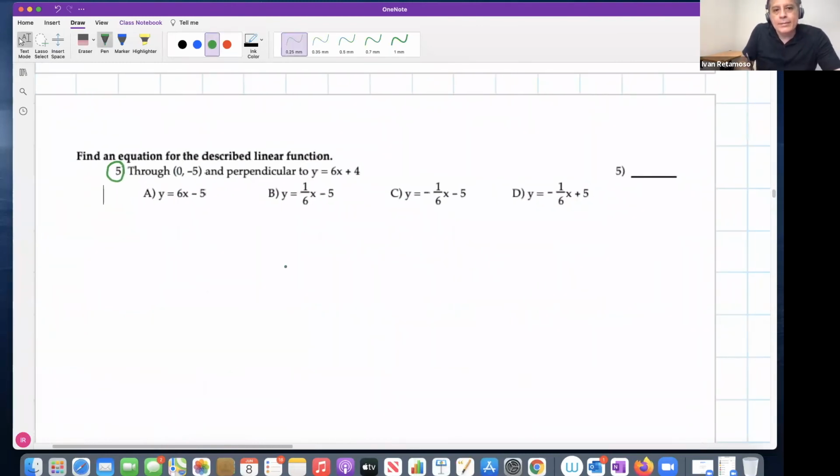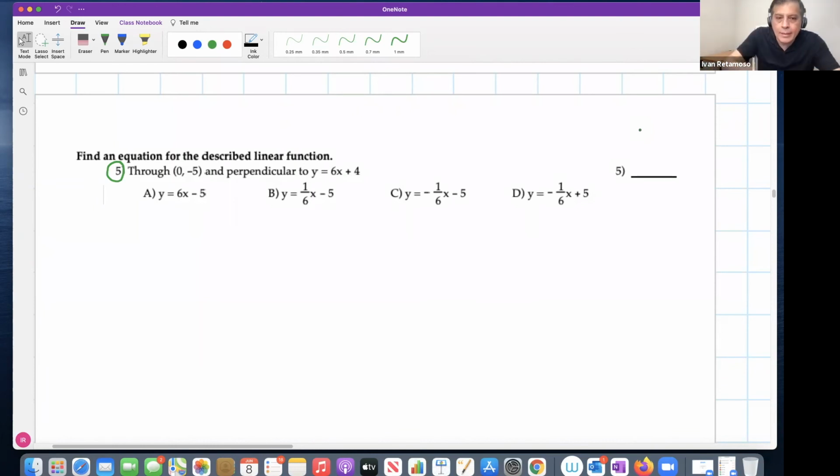Figure out the equation of a line perpendicular to this line, the one represented with this equation, y equals 6x plus 4, and passing through the point (0, -5).